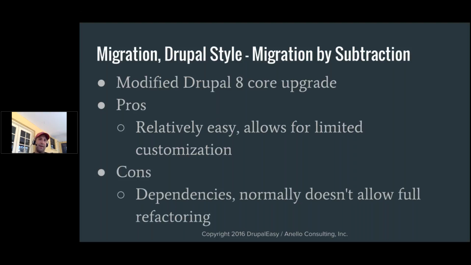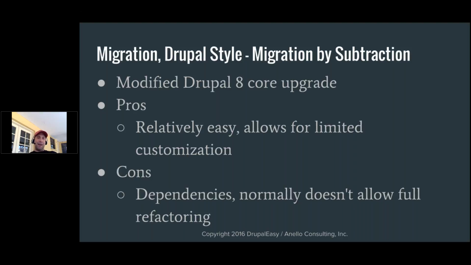The cons come back to those configuration dependencies. Because you're dealing with all of the migrations that the Drupal 8 core upgrade provides, if you'd like to remove some of those migrations, you could very quickly fall into dependency hell, where you are removing migrations that other migrations depend on, and then your migrations don't run.